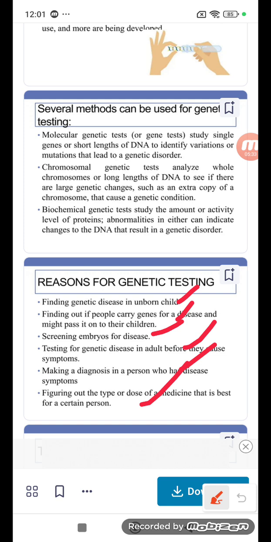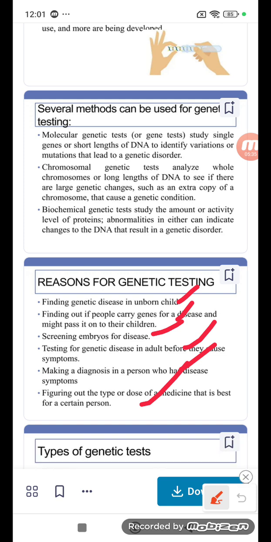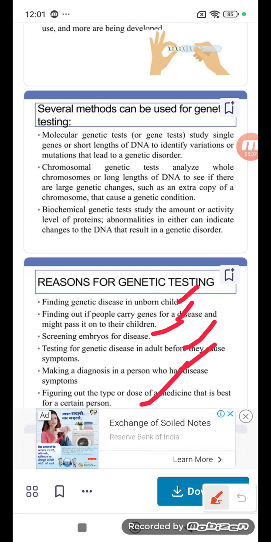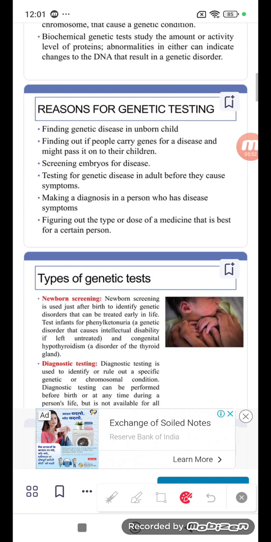These scanning techniques also determine whether any abnormal organs are developed, whether the baby's fetus is perfect and well developed or not. Everything is identified. In case any abnormalities are there, at that time we go with genetic testing, right? These are some reasons related to genetic testing.